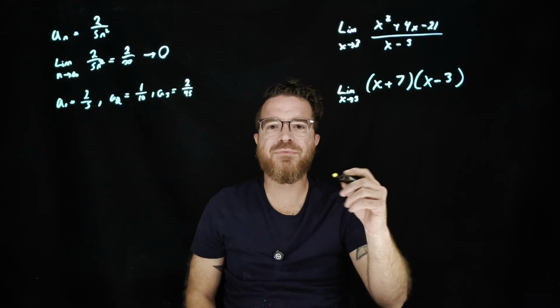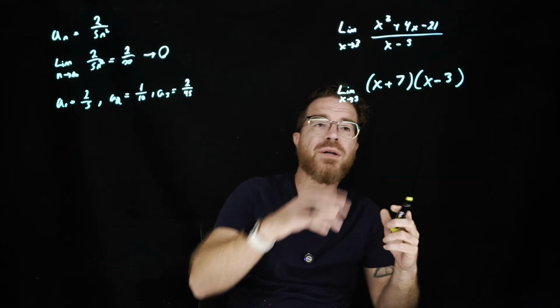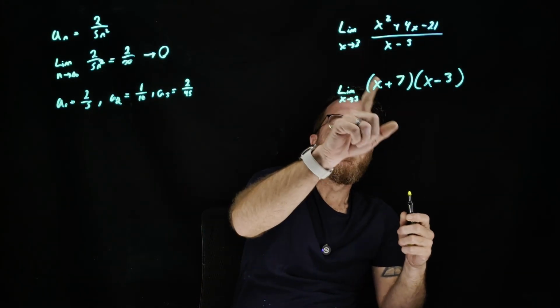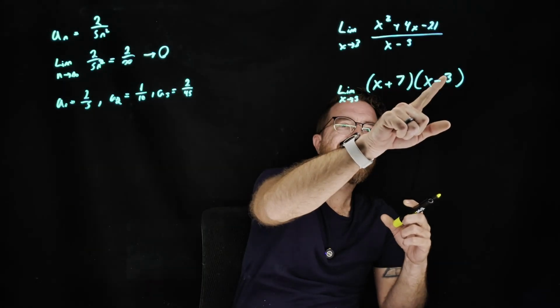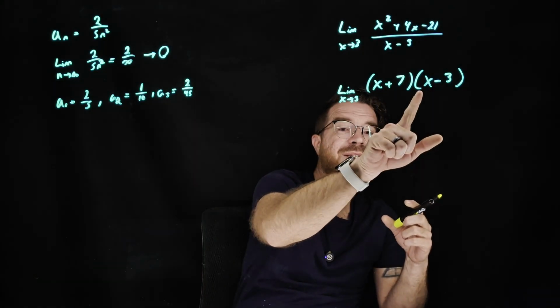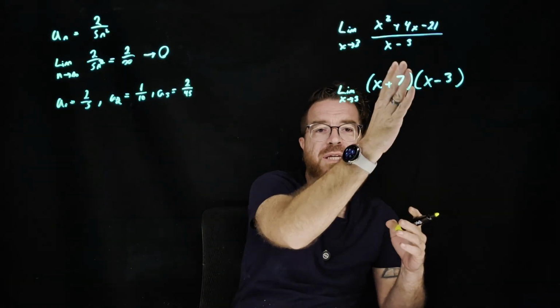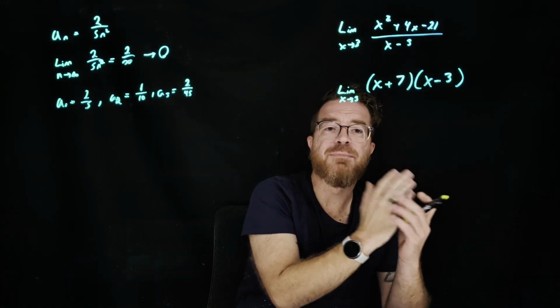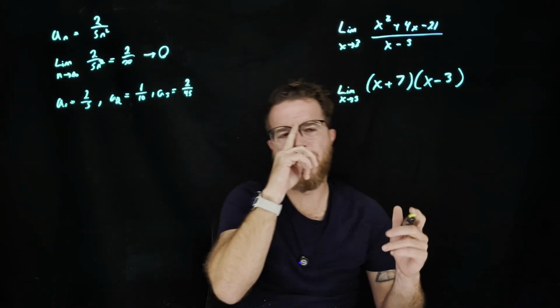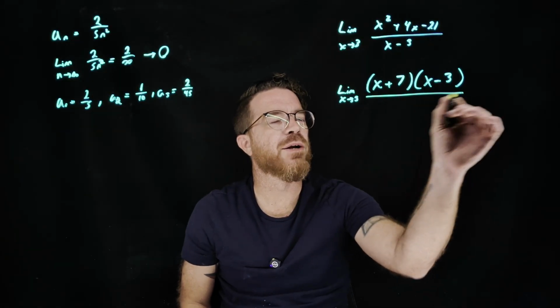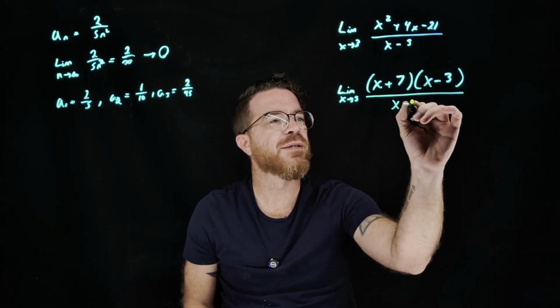And of course, you can always distribute this and see if it works. So we get x squared, and then we do our outer terms, minus 3x, inner terms, plus 7x, last terms, minus 21. And of course, the plus 7x minus 3x is going to give us 4. So that looks good. And now we're going to write our denominator in, x minus 3.